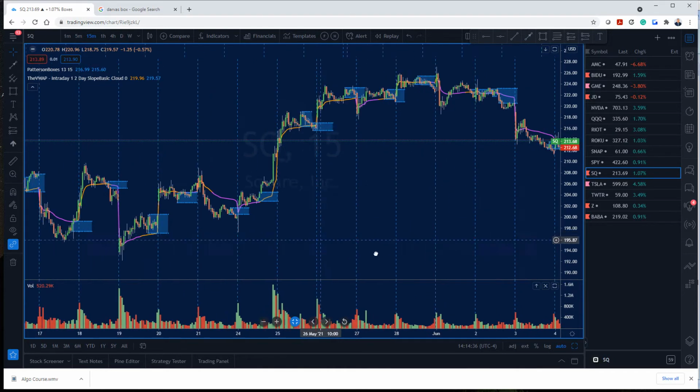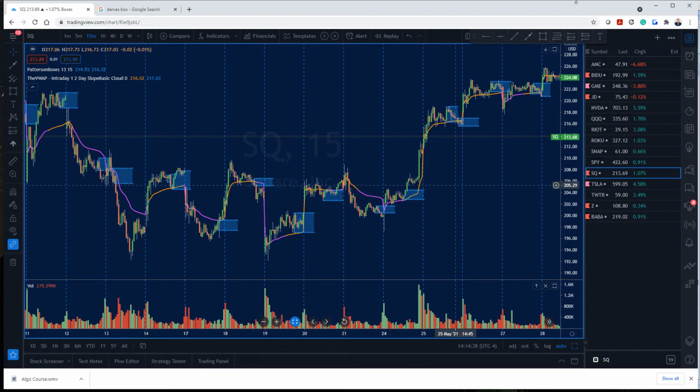For example, let's look at this one. It's just a random move. I just have this chart up right now and I saw it, so I'm going to talk about it. You can see there's this big move in volume right here.